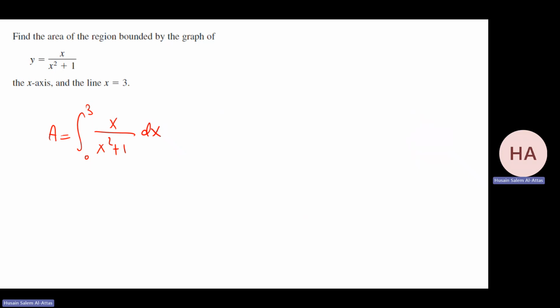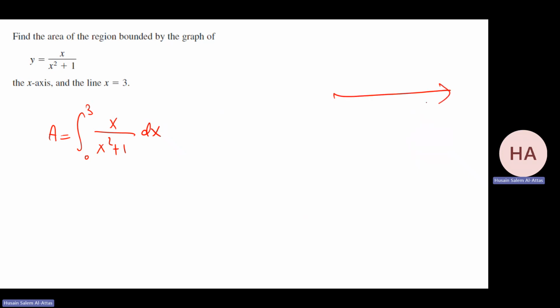By the way, in 7.1 we'll deal with areas and also with functions going up and down. Up to now, we just consider it like doing the integral.